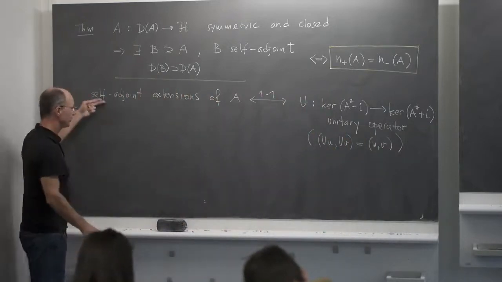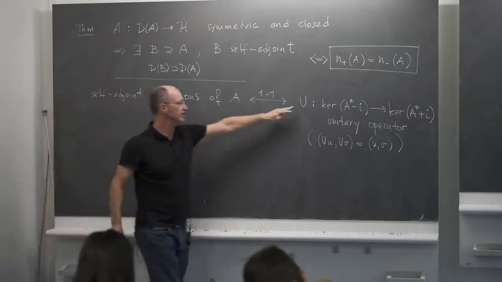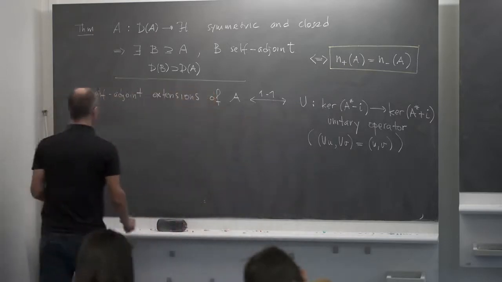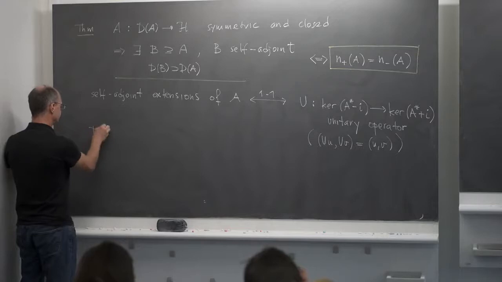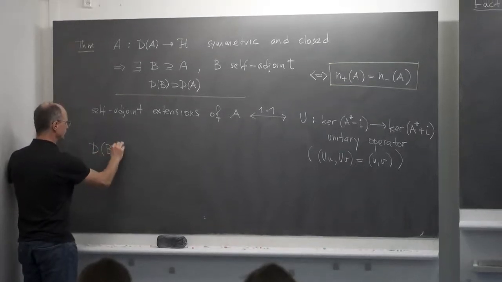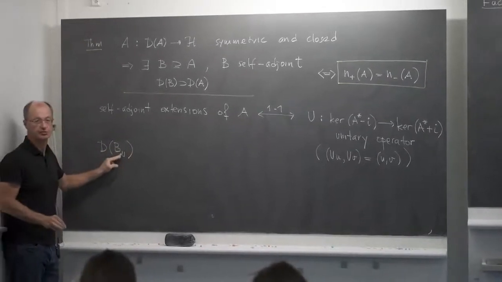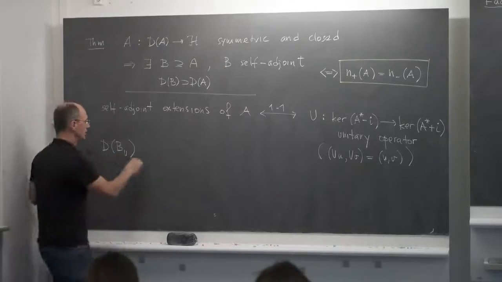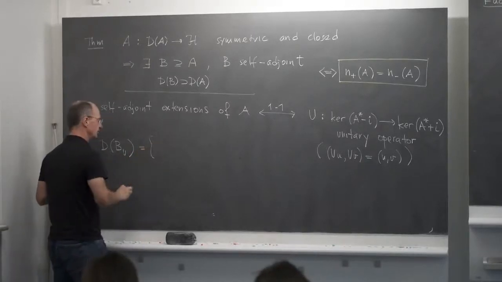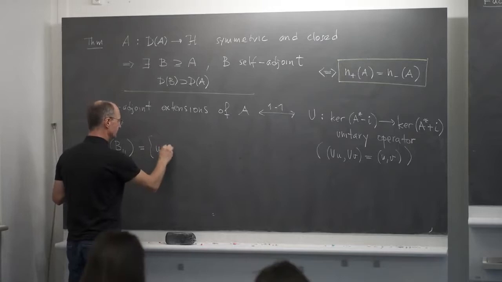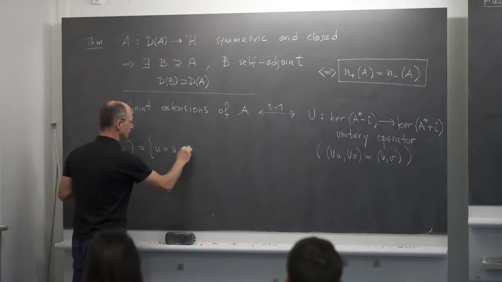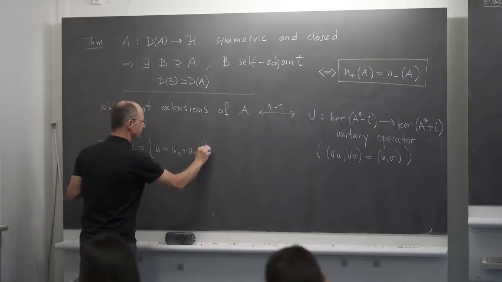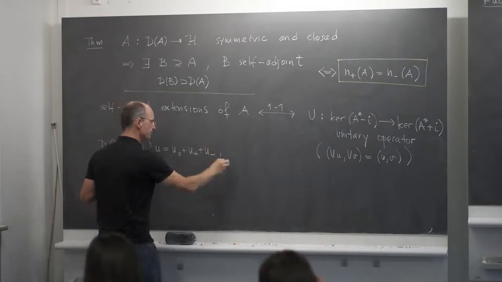Right. So then, suppose we are given such an operator U. So what will be the domain of B? I will denote it by B_U. So that's the self-adjoint extension corresponding to U. So it consists of vectors of the following form: u naught plus u plus plus u minus.